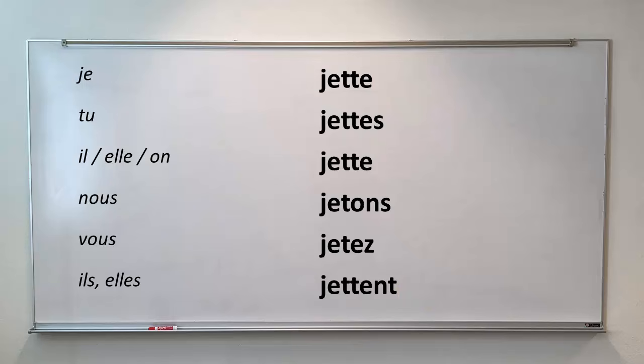Another important thing that I'd like to point out here has to do with pronunciation. Did you notice the sound from the vowel in all of these forms? Jette, jette, jette, jetons, jetez, jettent. Notice that when we have the single consonant, that alters the sound of the vowel.